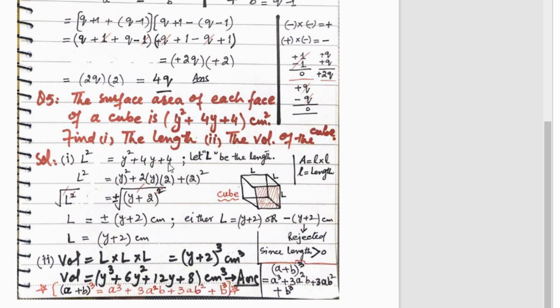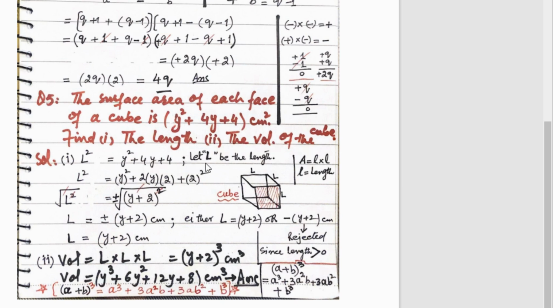So I have supposed, let L be the length of one side of one face. But you know, this is a cube, so all the lengths in a cube are equal. That is why we can suppose one length.